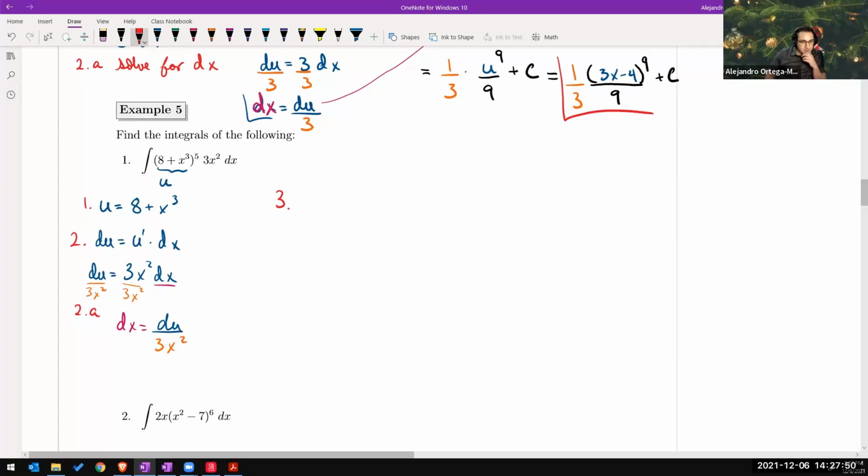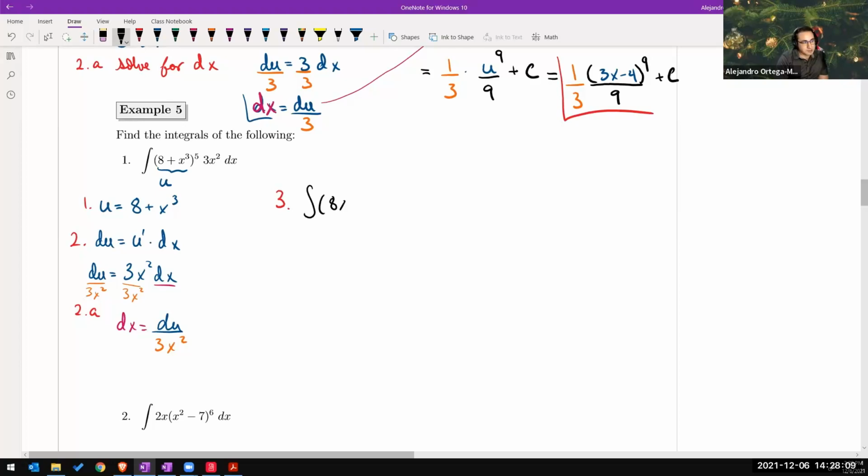Okay. All right. So we defined the u, we defined the dx in terms of du, so we can substitute it in. And now let's see how our integral is going to change once we put in the new variables. So we're going to have here the integral. And I'll write the original, I suppose.